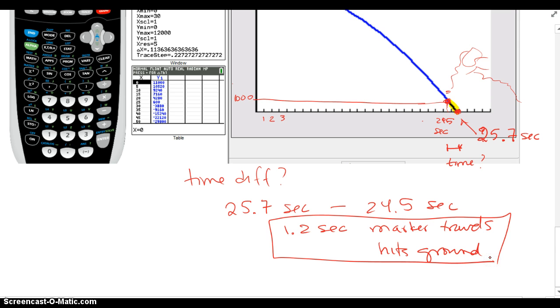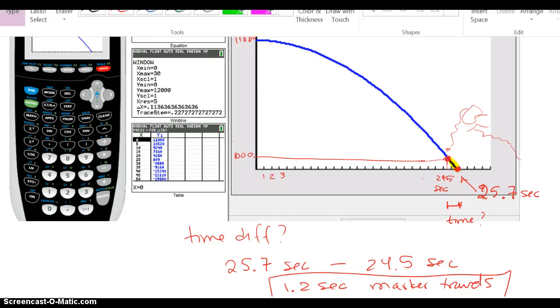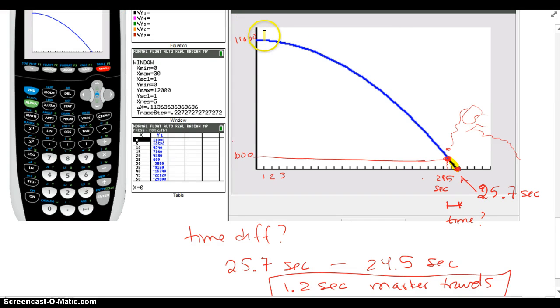So again, let's reiterate. The skydiver jumped and is in free fall traveling this path, and time goes on and on, and that happens for 24.5 seconds. So for all that time the skydiver is free falling.